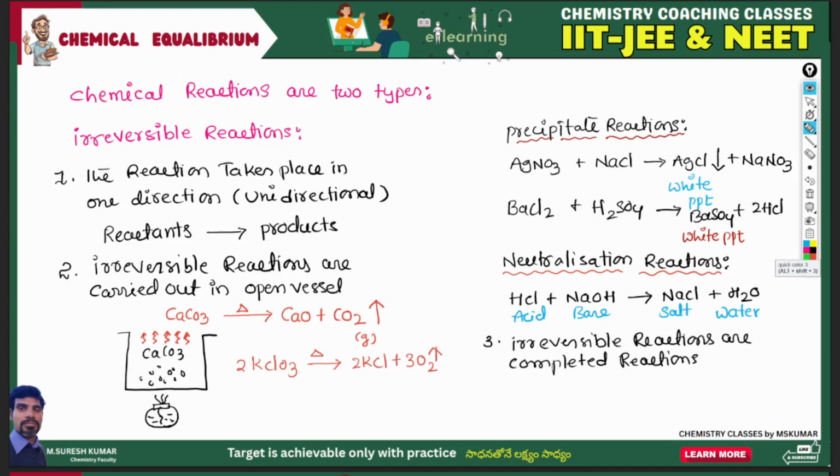Clear? Next, there is no establishment of state of equilibrium in irreversible reactions. Simply, in irreversible reactions, chemical equilibrium does not exist.